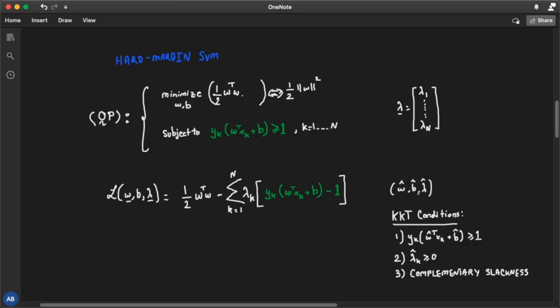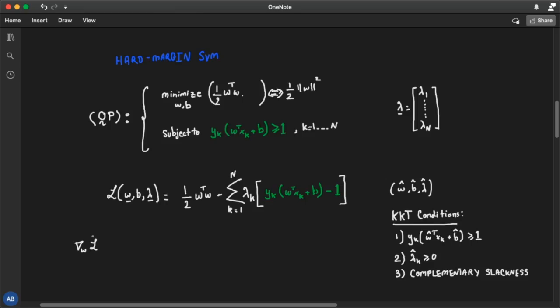And indeed, in the SVM, this is the case. So let's first proceed by computing the gradient with respect to w, so nabla w, of the Lagrangian function. I'm going to omit, for sake of compact presentation, that L depends on W, b and lambda.